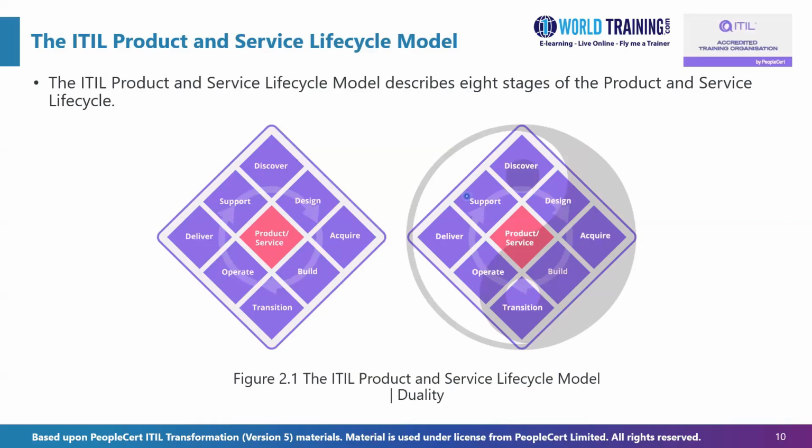Similarly, in ITIL 4, we had the 6 value chain activities such as engage, deliver and support, obtain or build, design and transition, plan and improve. So they're not fully different from these 8 life cycle stages activities. There are some things from there inherent or embedded into these and some not.